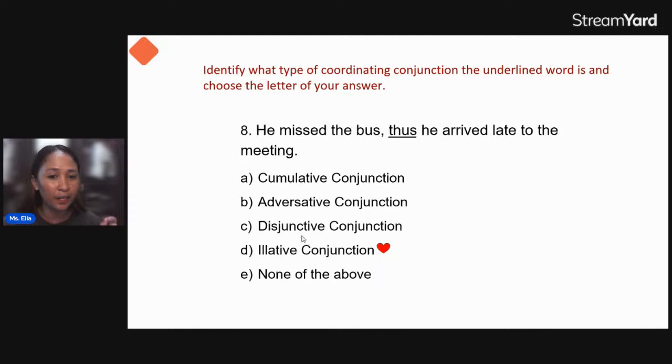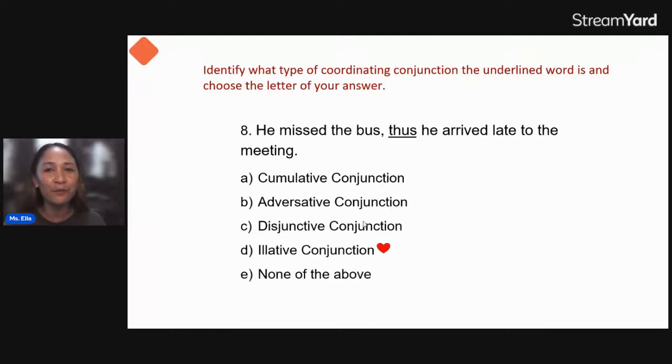And when you say letter D, elative conjunction, that means you are making an assumption or a conclusion based on the condition of the first statement. Okay, so I hope it's clear. All right, so let's continue, but still, thank you for trying.